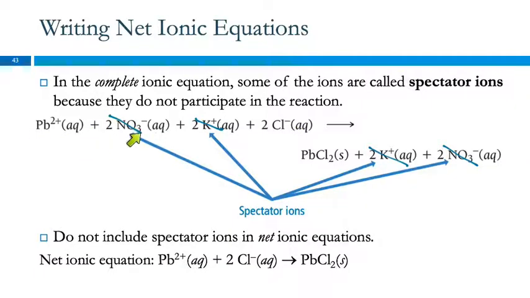Yeah. Nitrate has nothing to do with this chemical reaction. It just happened to be there. So we cross those out, and then we copy down what's left. And this is called the net ionic equation. So these are just the things that are involved in the chemical reaction. Any questions?